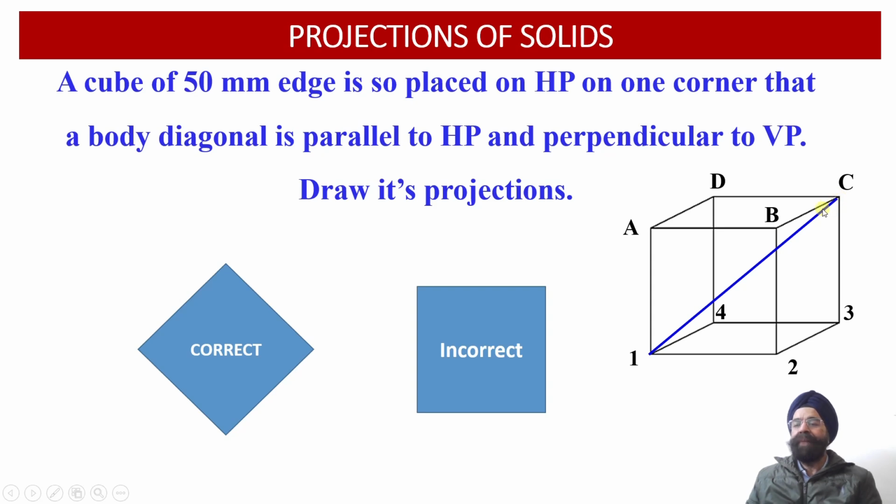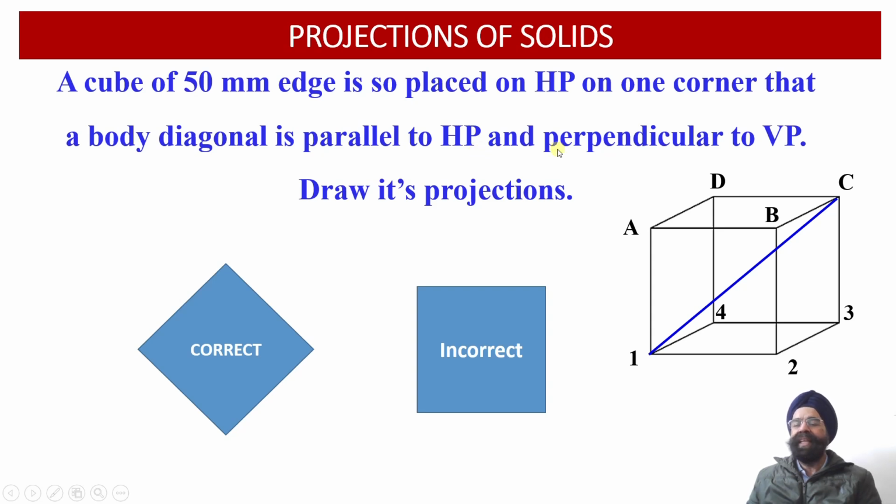Now we have to orient or incline this cube in such a way that this body diagonal 1C should be parallel to the horizontal plane in the first instance. That will provide us with the orientation or the inclination of this particular cube with respect to the horizontal plane.